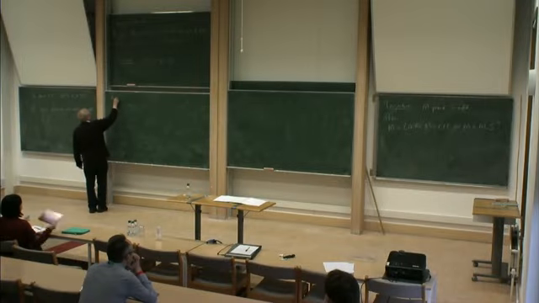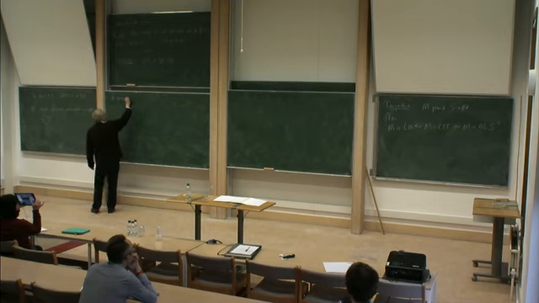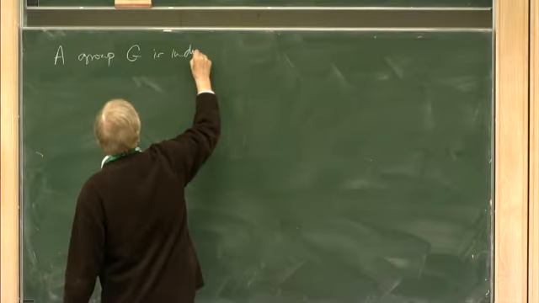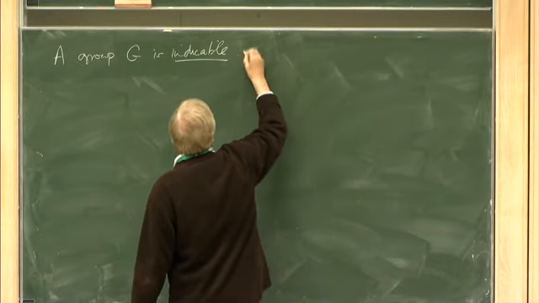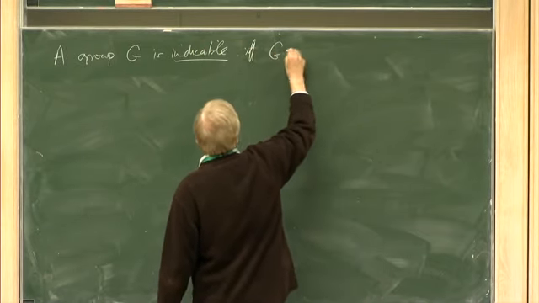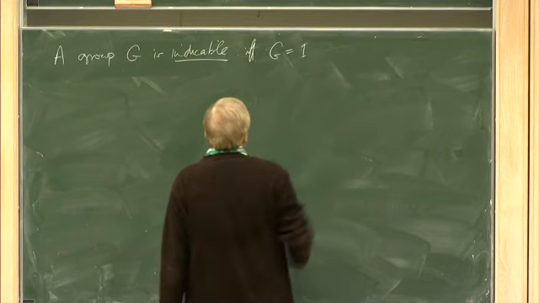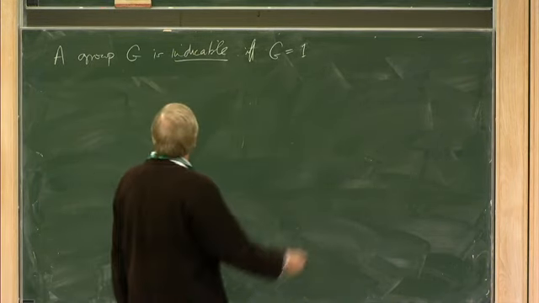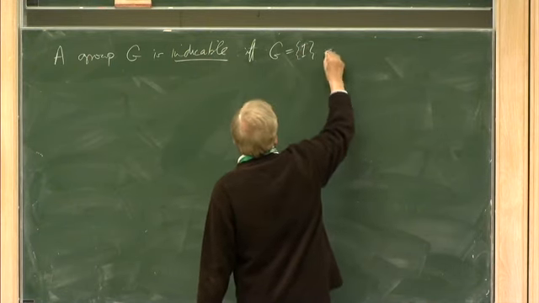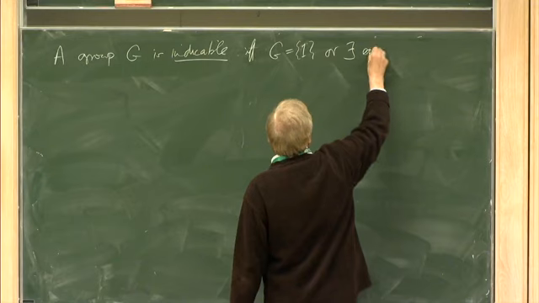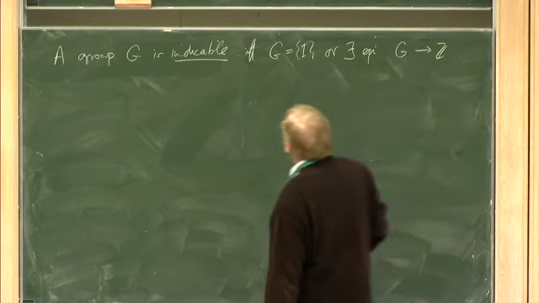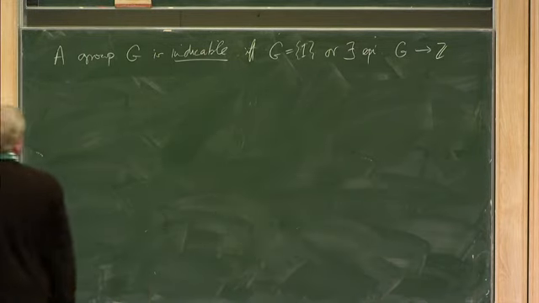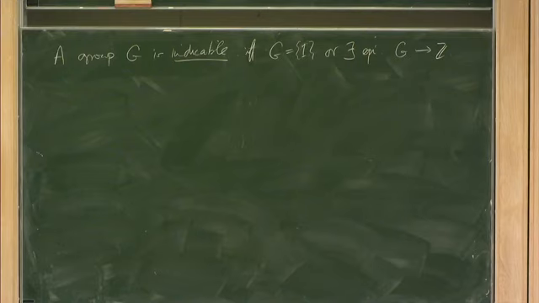A group G is indicable if and only if either G is trivial or there exists an epimorphism from G to Z.